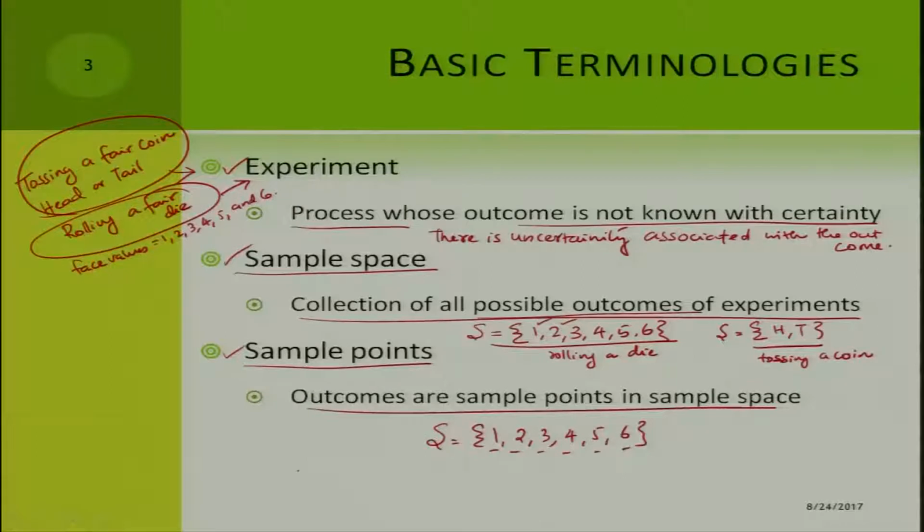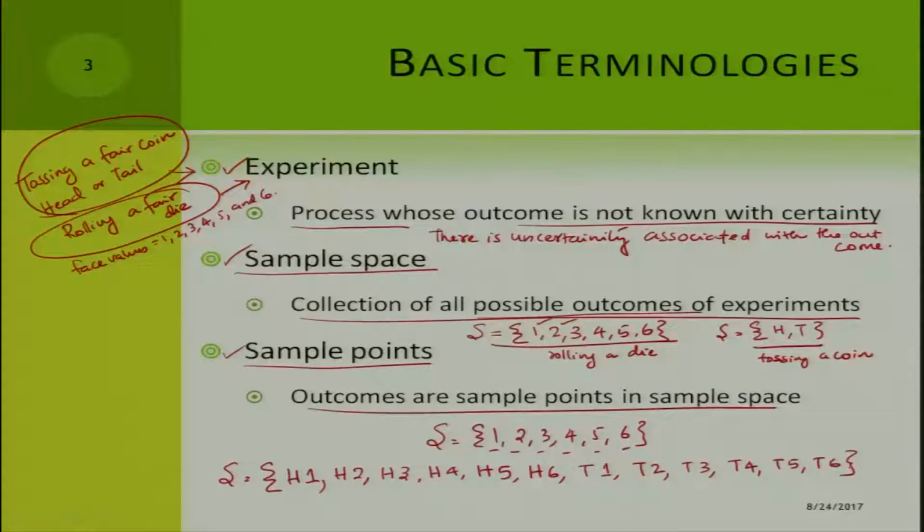Then you can have a head or a tail, along with any value that is possible on the die. So the sample space would be: head and 1 on the die, head and 2, head and 3, head and 4, head and 5, head and 6, then tail and 1, tail and 2, tail and 3, tail and 4, tail and 5, tail and 6. These are the possible options.